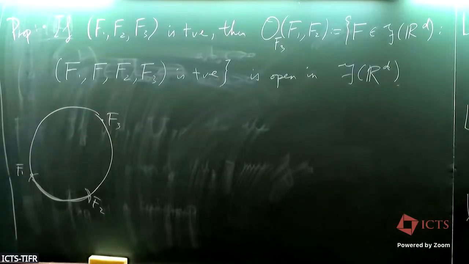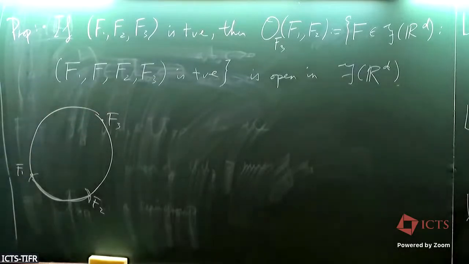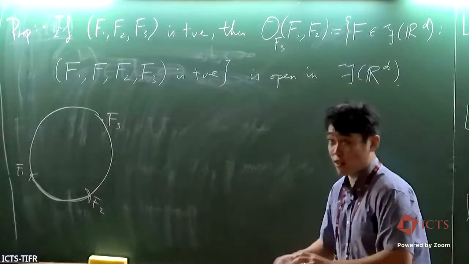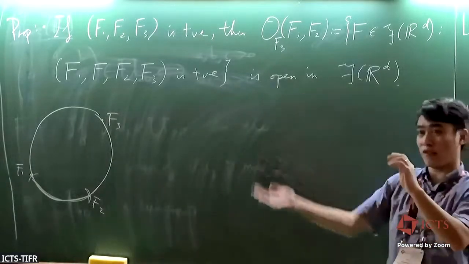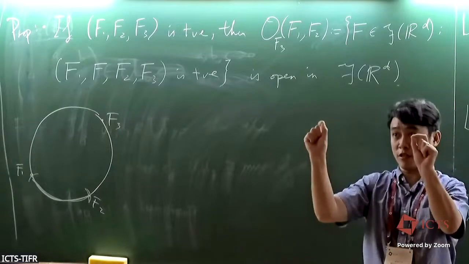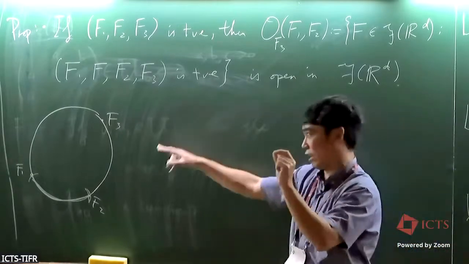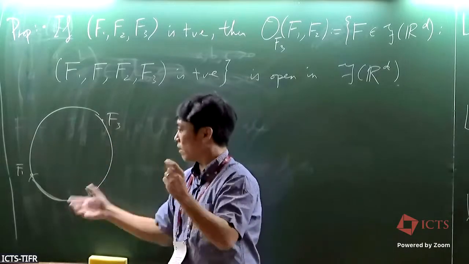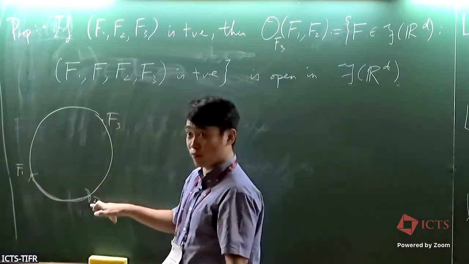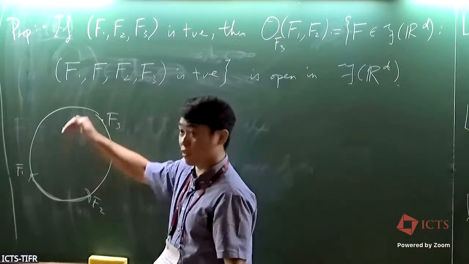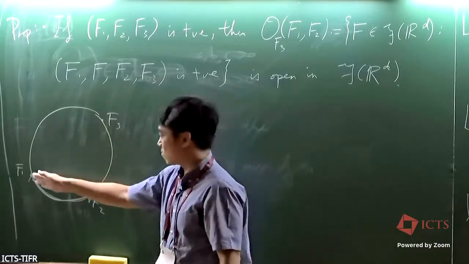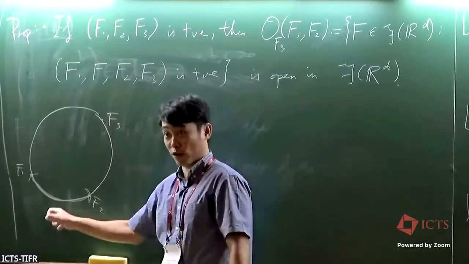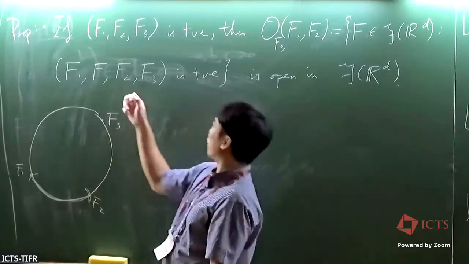Now this is very important because this is telling you that whenever you have a positive curve, if you give me 2 points, or really 3, but the F3 is not that important. F3 you can move around freely. Basically, if you have 2 flags F1 and F2, there are 2 natural intervals between them, and what F3 does is it picks out one of them. So the F3 here is not as important.